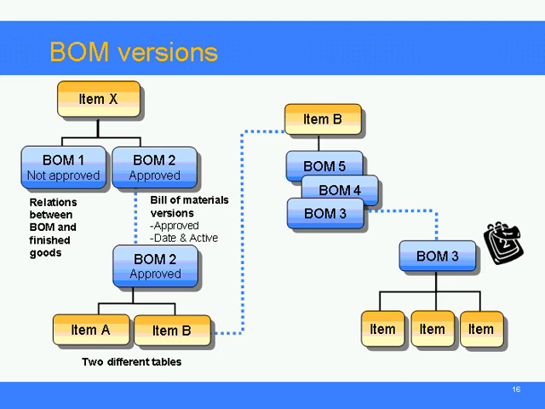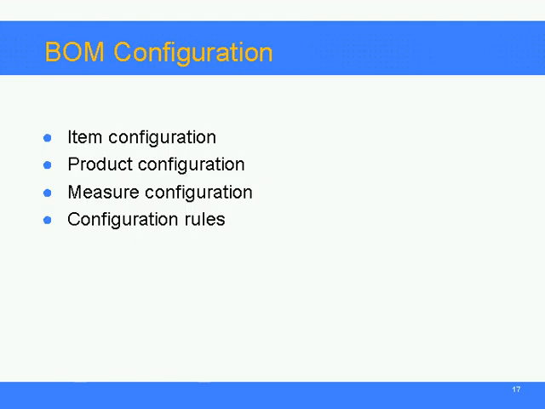Dynamics AX supports a multi-level structure of BOM. So here you see that BOM 1 is not approved, so this BOM is not involved in the BOM development, and BOM 2 version is approved, and this version is involved in the development.